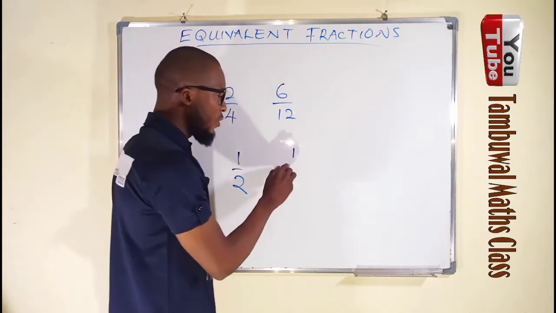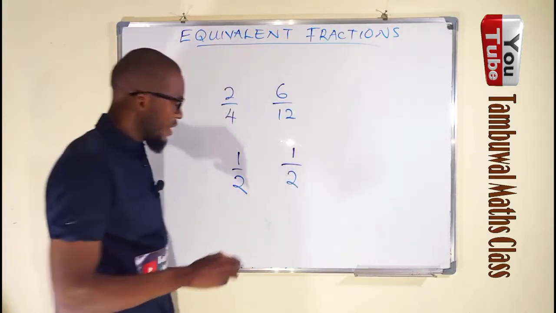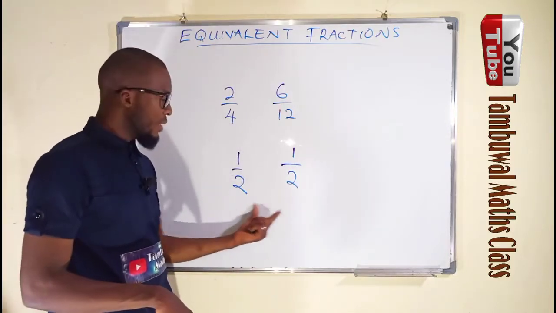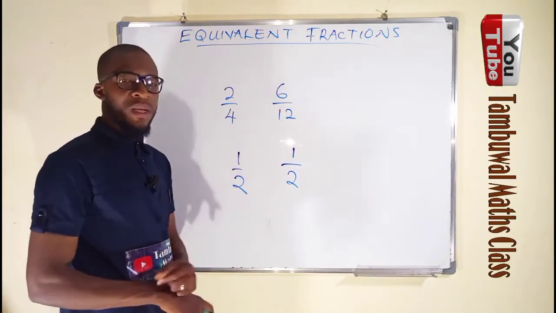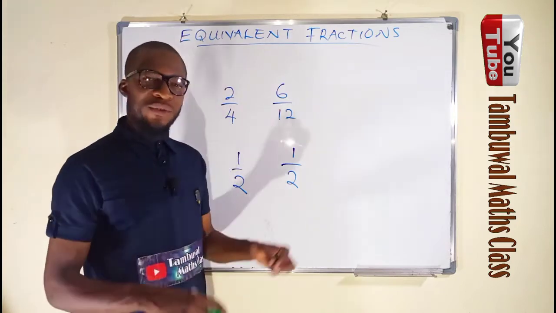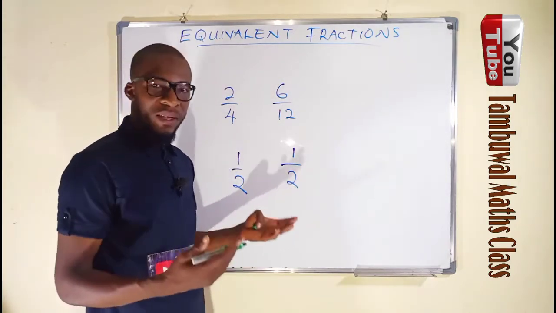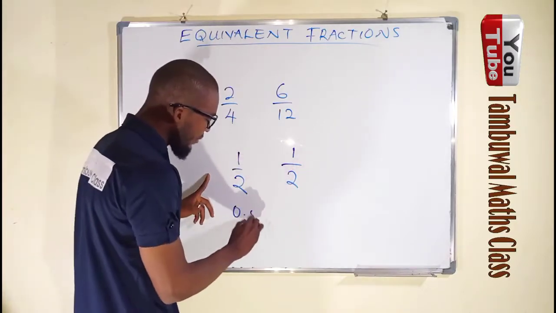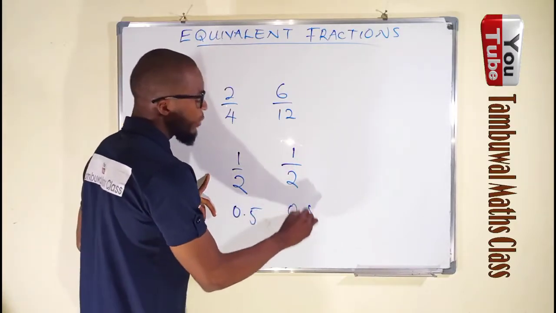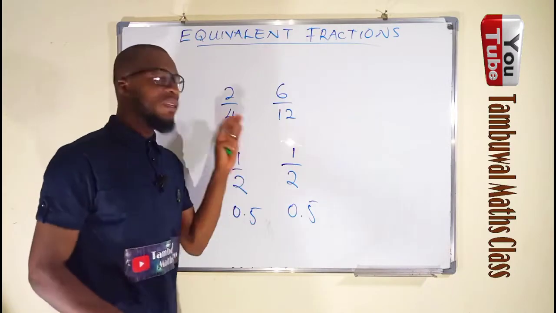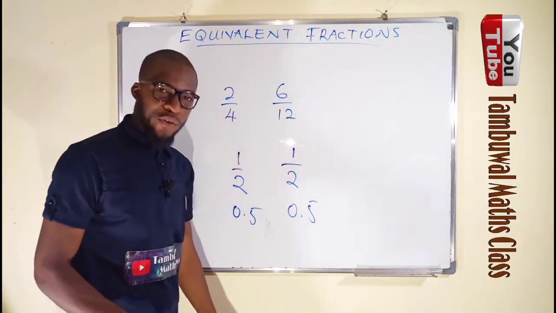And 6 can go into 12 2 times. You can see to their lowest term, they're exactly the same. And last but not the least, if you transform them to decimal numbers, they will also be exactly the same because this is 0.5, this is also 0.5. And hence we say these two fractions are equivalent.